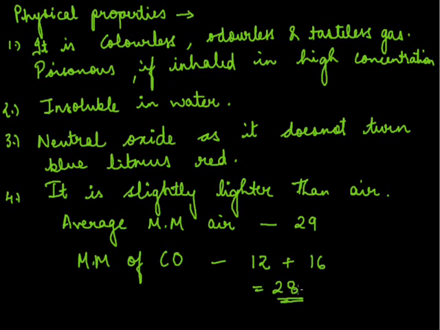Now we will be discussing the chemical properties of carbon monoxide. Carbon monoxide is a good reducing agent. That is, it has the tendency to convert into carbon dioxide. If it accepts oxygen, then it reduces the substance.